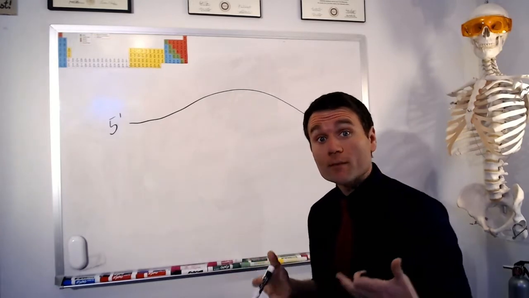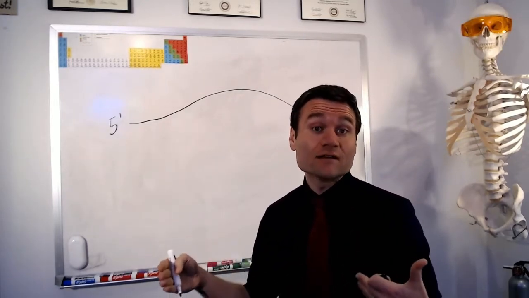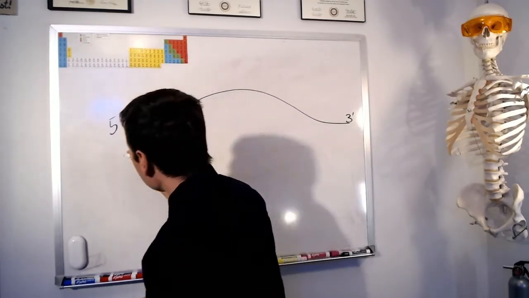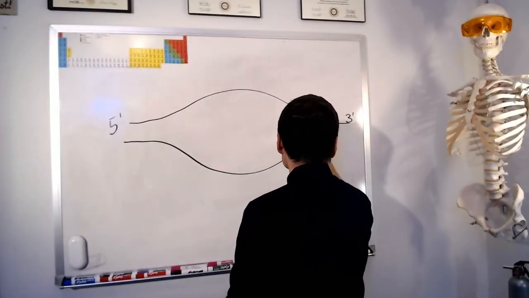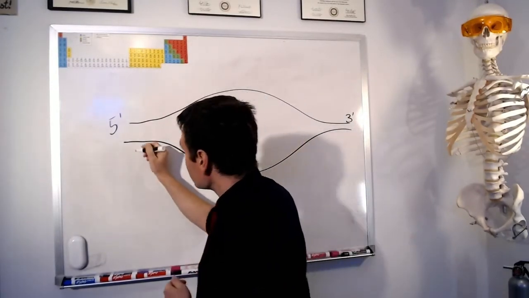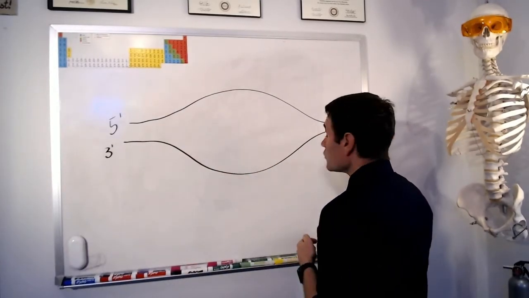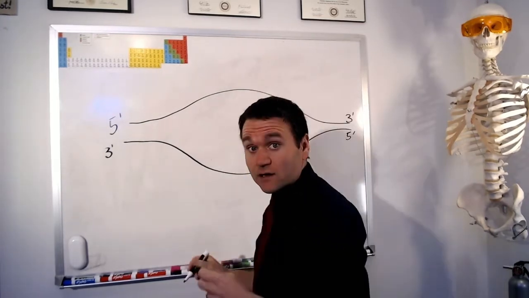What's important to know about 5' and 3' is that that's just what we call opposite ends of the same DNA strand. So we got 5' to 3'. The opposite DNA strand is going to be 3' to 5'. Now here, where I opened it up in the center, let me get the bases in.